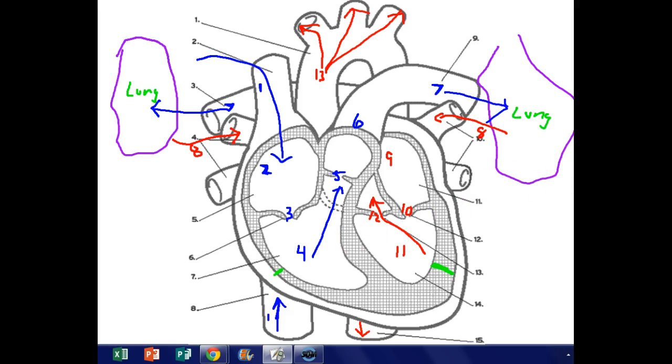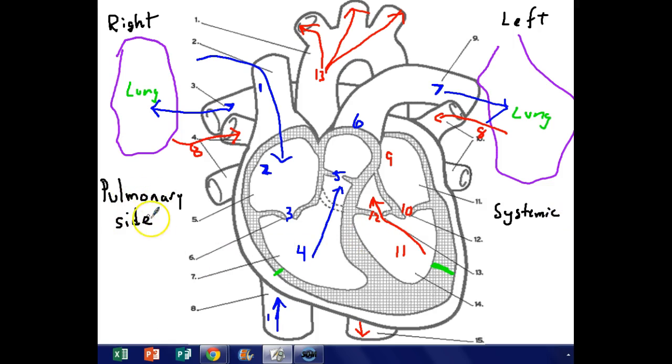Because of this, we refer to our left side as our pulmonary side. I'm sorry, I said left side. I mean, we refer to our right side as our pulmonary side, and we refer to our left side as our systemic side.